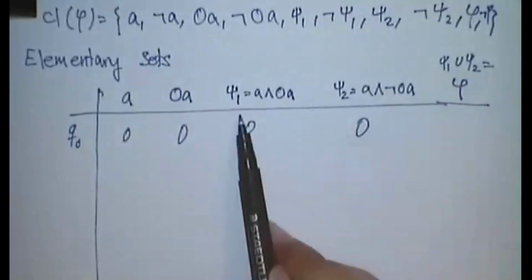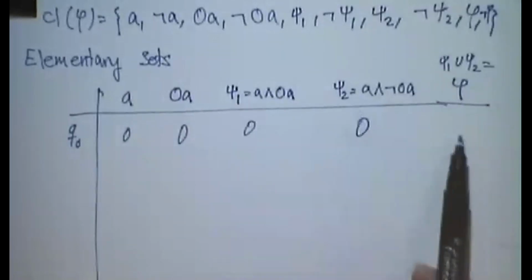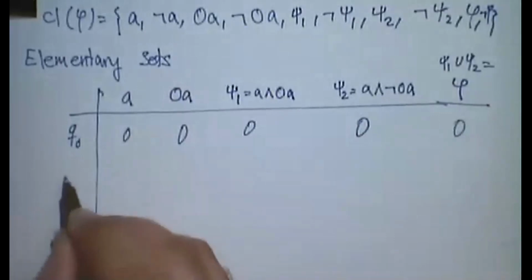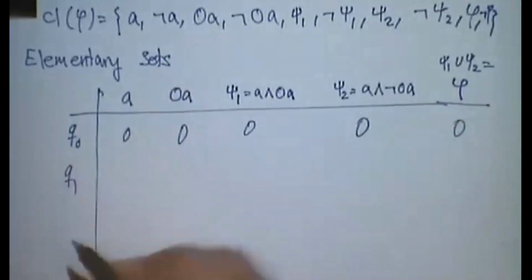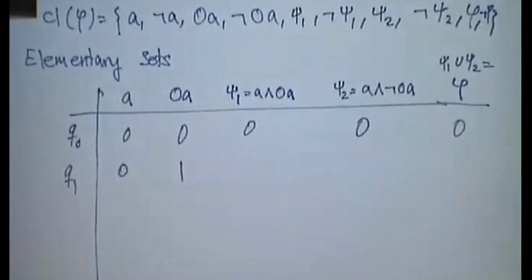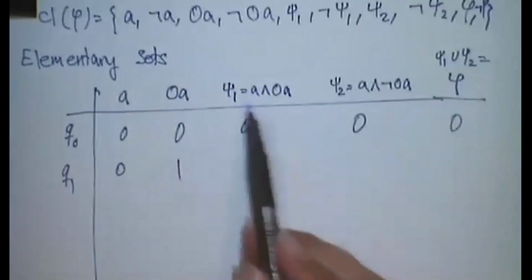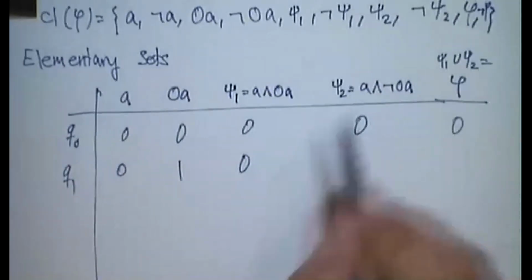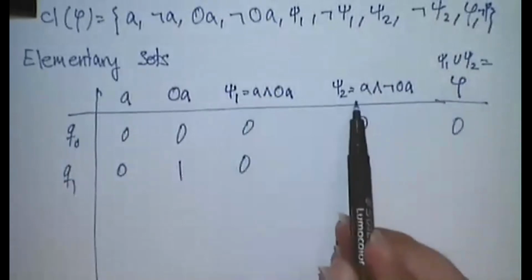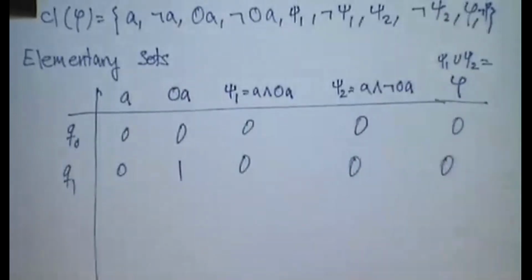I have neither psi1 nor psi2, so I cannot have phi either. Okay, next one, Q1. So let's say that I start with 0, 1 this time. So I don't have A, I can't have A and something. I don't have psi1, I don't have psi2, so I can't have psi1 until psi2.